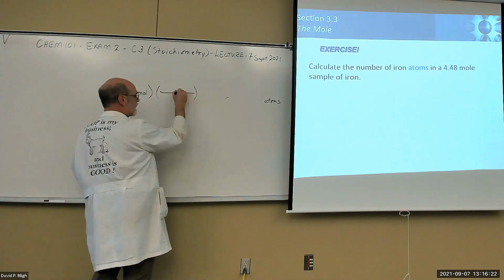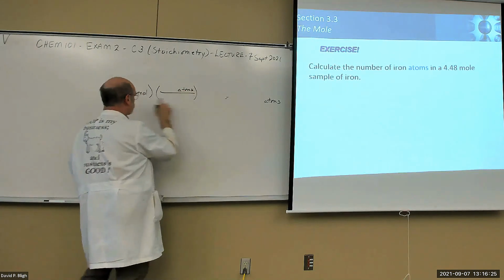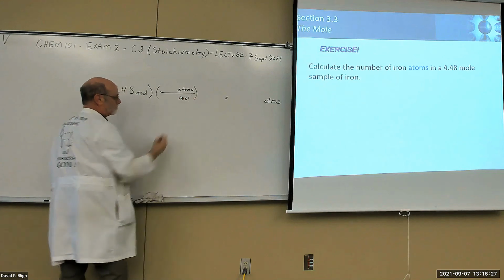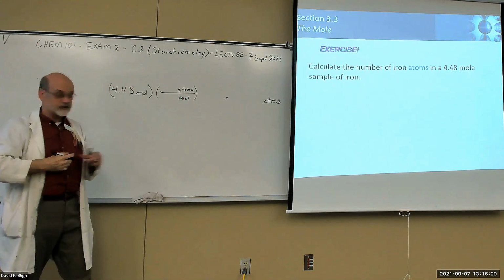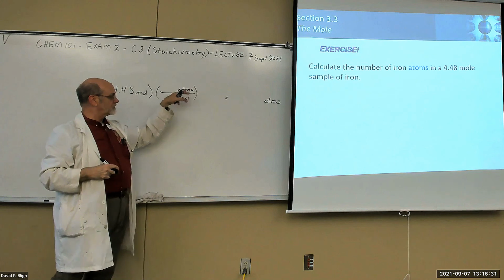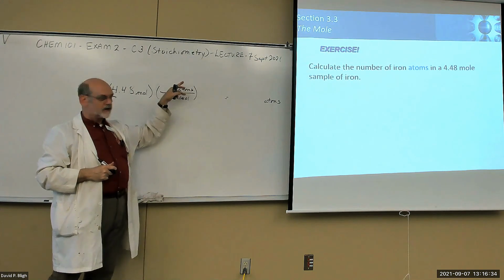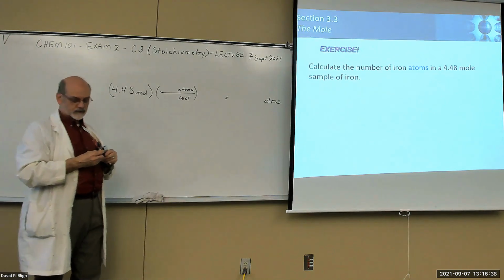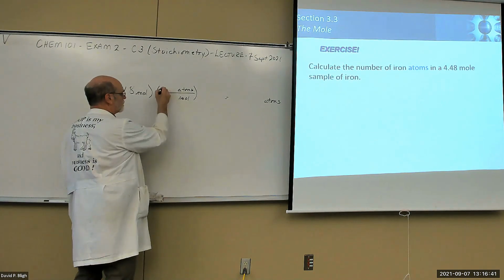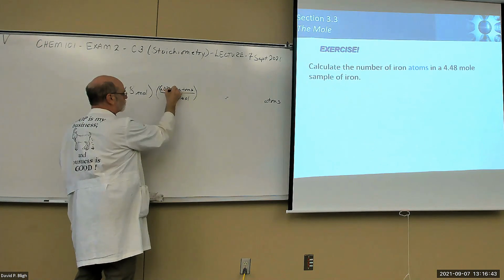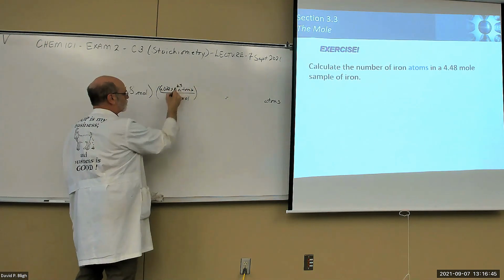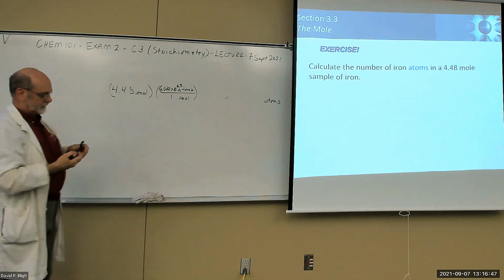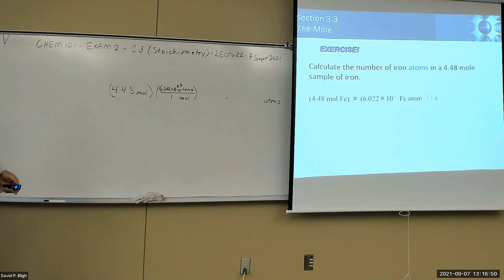You want to end up with atoms, and you want to get rid of moles. So whenever you see that relationship, number of something, atoms, molecules, ions, and mole as a quotient, you know it's Avogadro's number. And that will be 2.7 times 10 to the 24th.